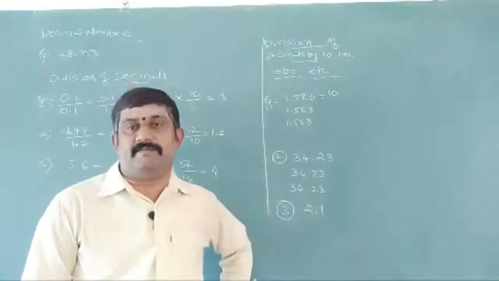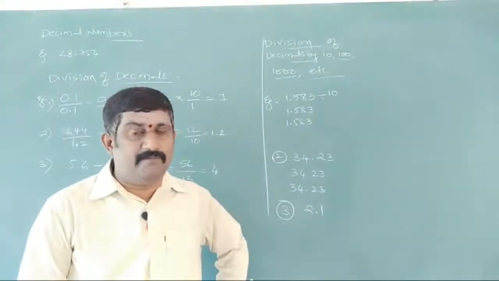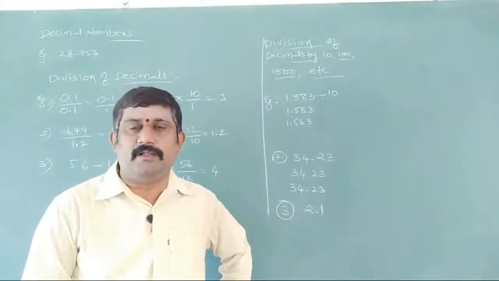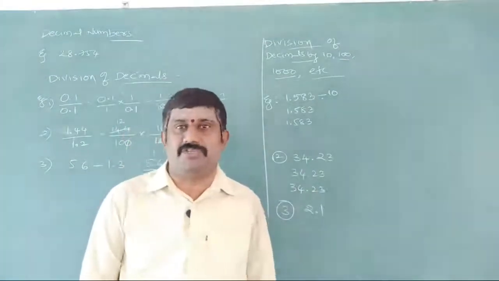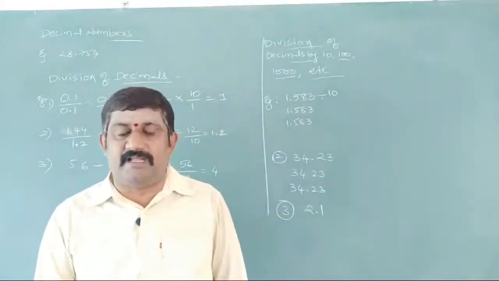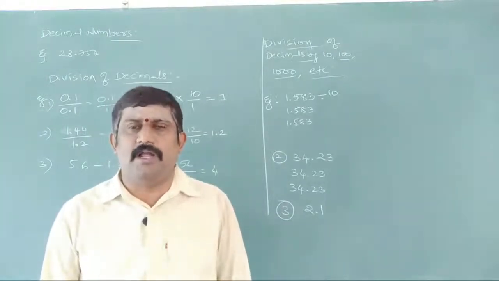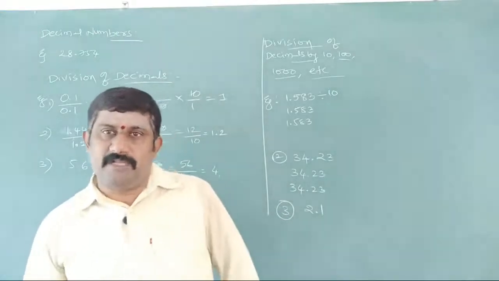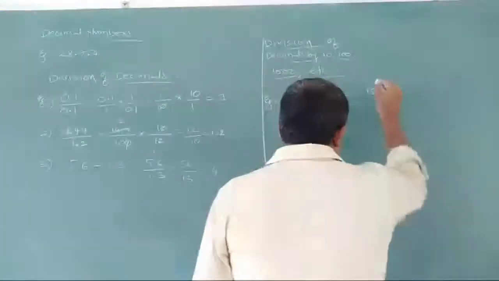In the previous, for multiplication, we were moving one step to the right. Now it is division, so it is a reverse operation. If in multiplication we move right side, then in division we should move to the left side, right? Because it is a reverse operation, automatically it will be reversed. So right side becomes left side. How are we going to write here? 1583 writing as it is.